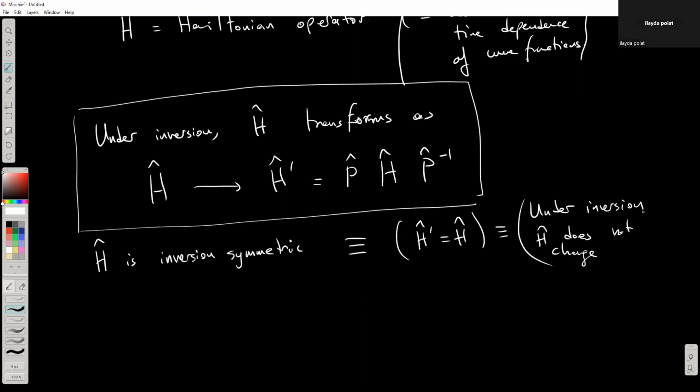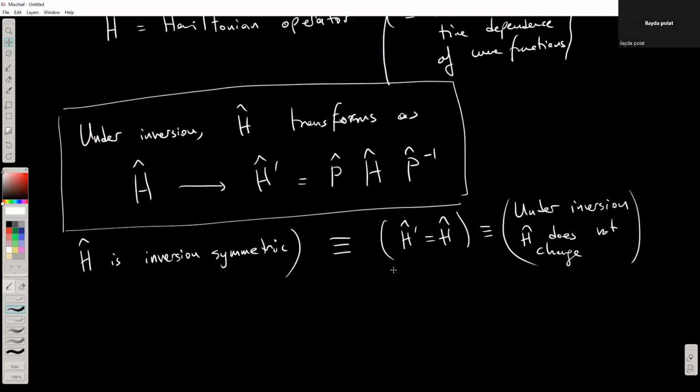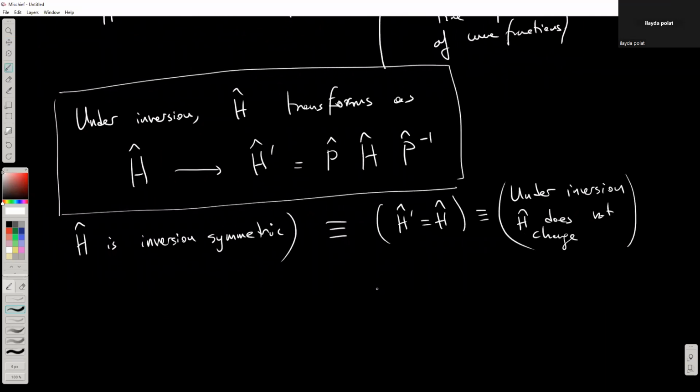We can also justify this by using the function of the Hamiltonian in describing the time dependence of the wave functions. I have done this in class, but at this point it's not really necessary. There are certain ways to define what symmetry means, but it essentially reduces to that.